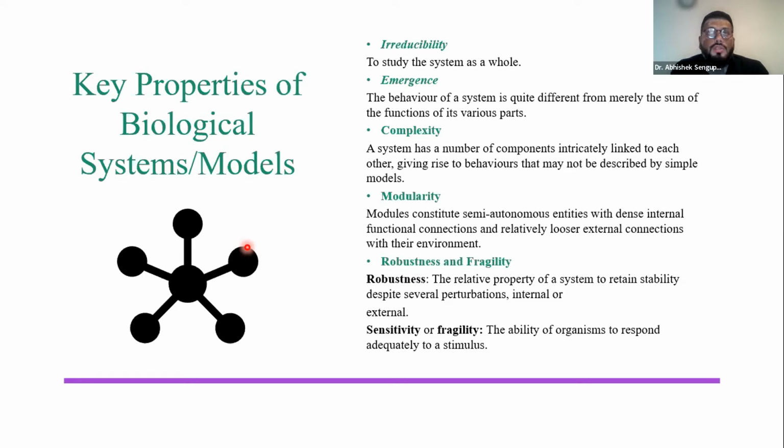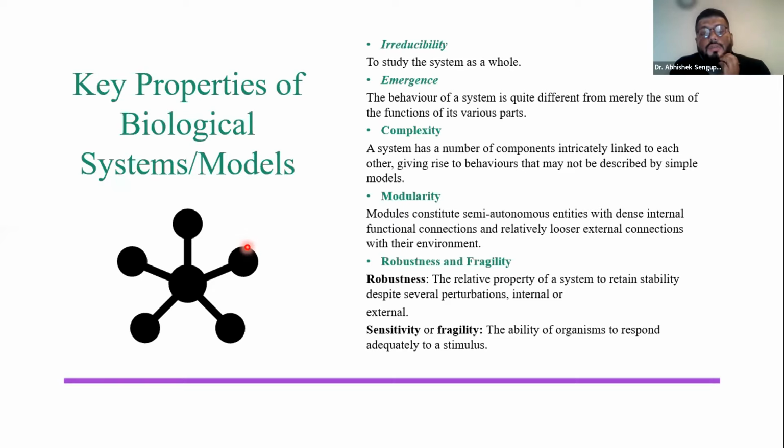Those perturbations or fluctuations, both intracellular and extracellular fluctuations in a cell, in spite of those fluctuations, a system remains steady and maintains its homeostasis. So that is called robustness, right?